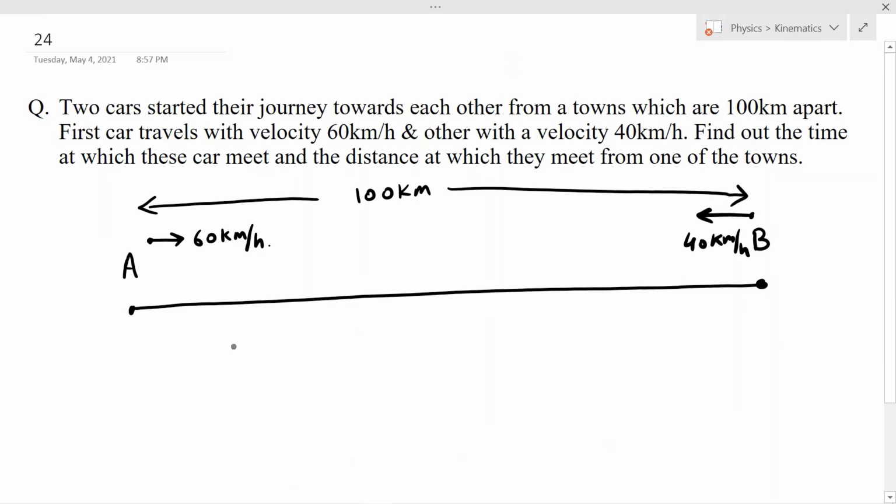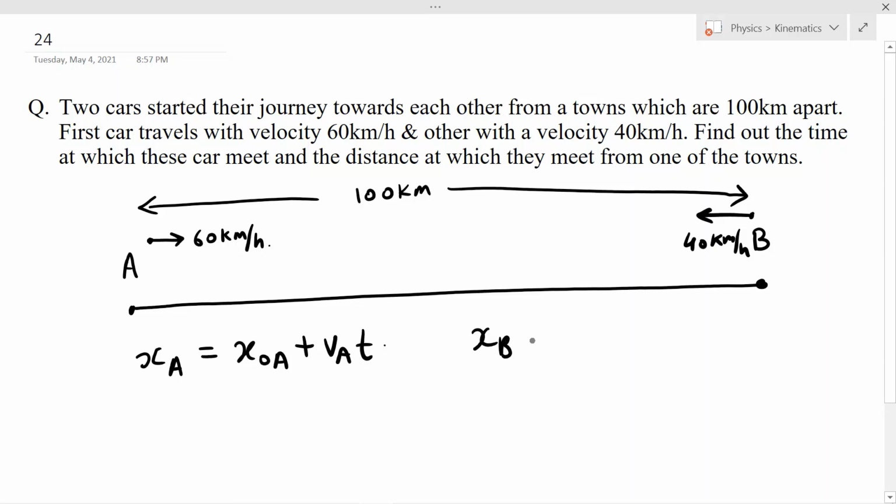Now let me write the same equation. xa is equal to x0a plus va t. Whenever you come across such problems of meeting points, you can directly apply this formula to the two points whose meeting point we have to calculate.